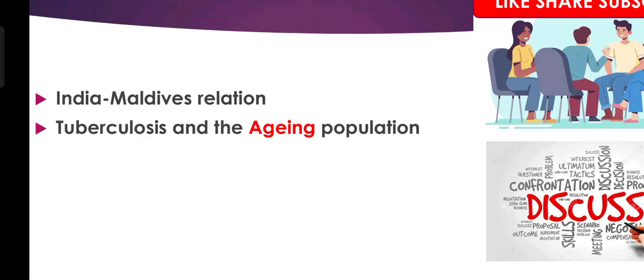For example, the government which existed between the period of 2018 to 2023 was India friendly. Okay, and they were trying to promote cooperative relations with India, but the government which has recently taken office is pro China. Okay, and they are more attracted towards the Chinese.